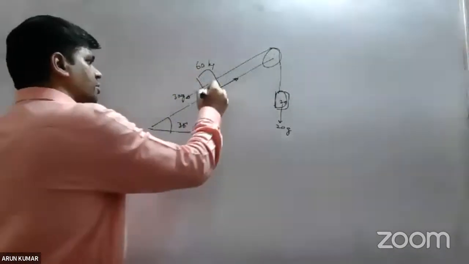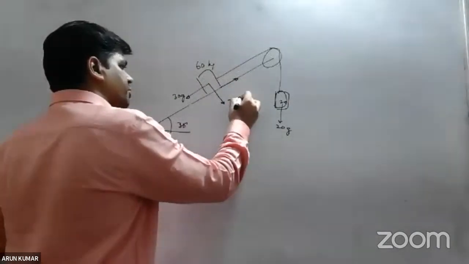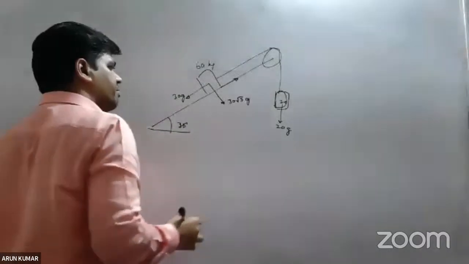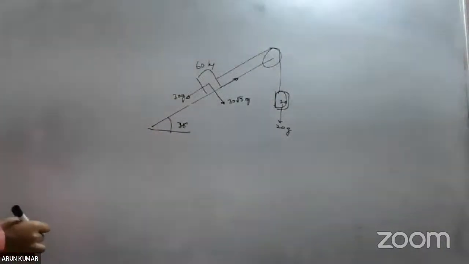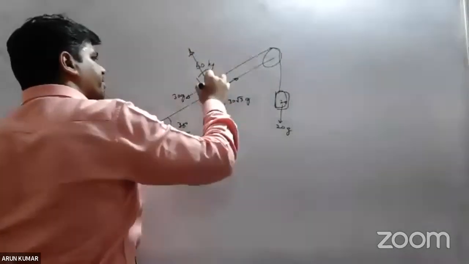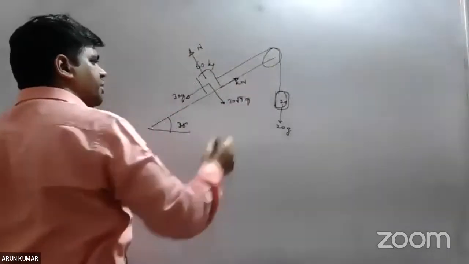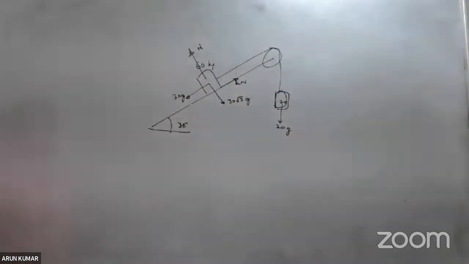Perpendicular to the inclined plane, how much is it? 30 root 3G. So the normal reaction is nothing but 30 root 3G. So limiting friction is mu times 30 root 3G. That's the limiting friction or kinetic friction.